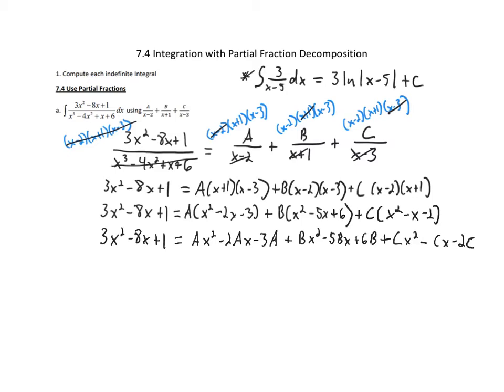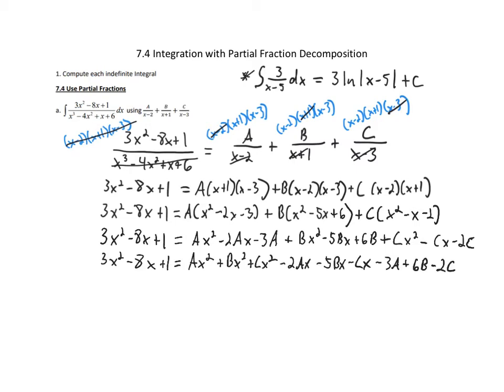After multiplying everything out, we want to gather up the terms of x squared, the terms of just x, and then the constant terms. If we gather those terms up and rearrange, we end up with this line. We want to see what is really being multiplied together to make the x squared term. So we've got 3x squared minus 8x plus 1, and I'm going to factor out the a, the b, and the c.